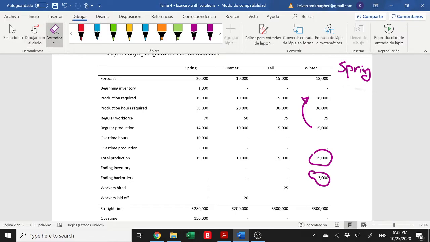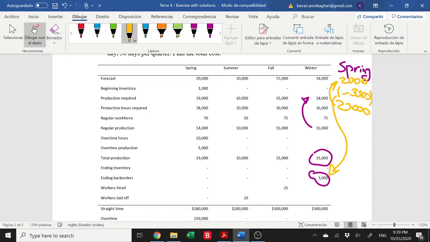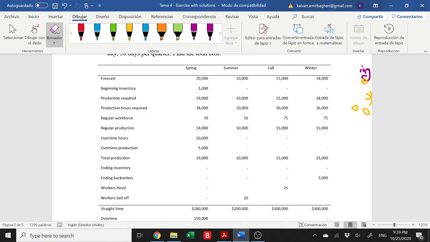Imagine that our demand is the same and we start with minus 3,000 beginning inventory, we need to produce 23,000 to answer the forecast of this season and to cover this back order from winter.